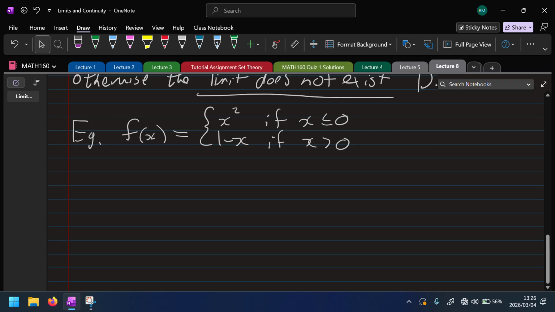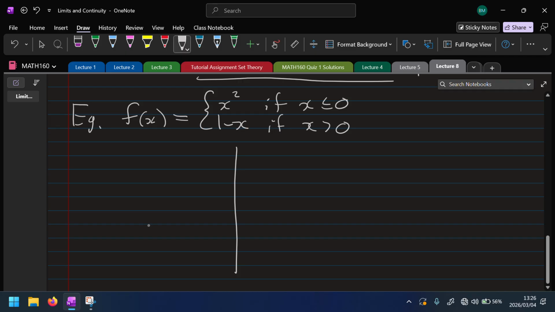So let's sketch this first, just to get an idea of what we're working with. Okay, so at 0 and before 0, we're looking at that top part. That will be x squared. Okay, and we can put a big dot there. Remember, that means it's included. So big closed-in dot, we're including that point. And then to the left here, it's just a parabola going up to infinity. What about on the right?